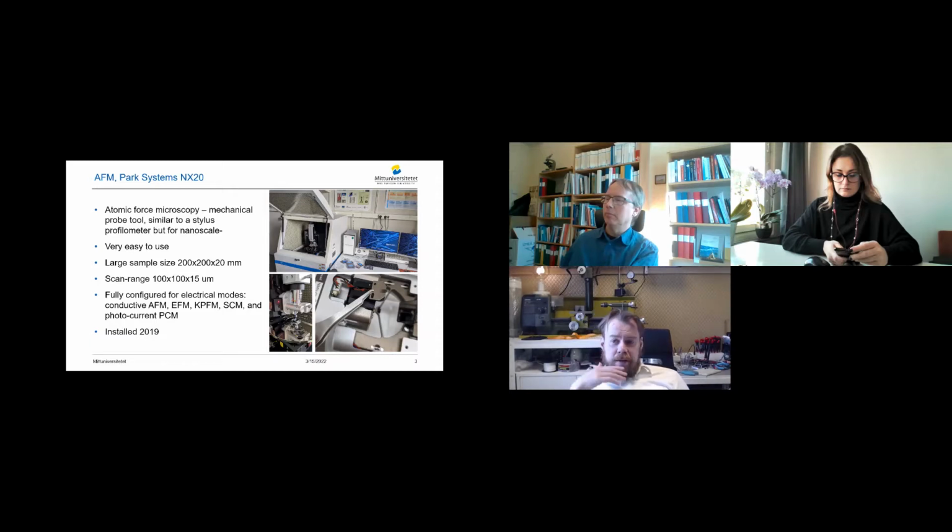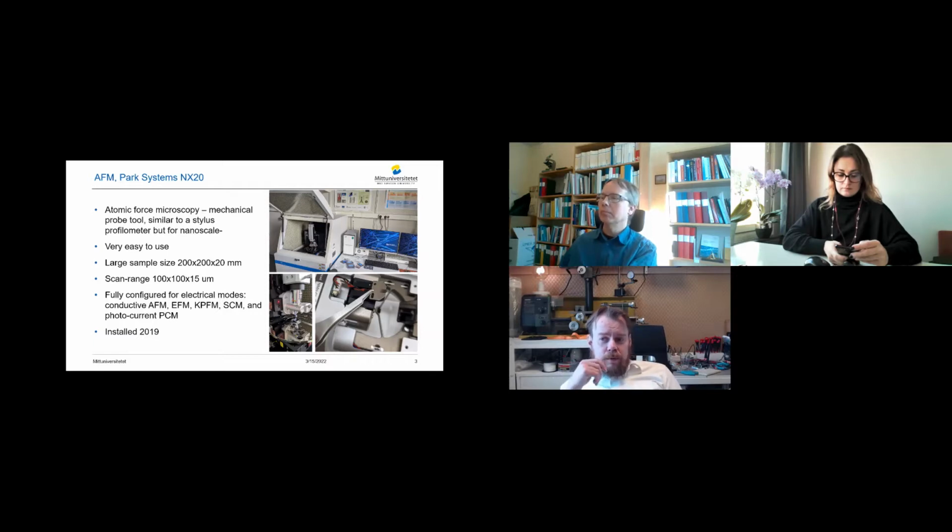So we use this at Mid Sweden University for studying of electrode materials, and then we can use the whole electrode without cutting out pieces of it, so we can analyze it directly. Also, the scan range when you're scanning the images is huge in this machine. So we can scan 100 by 100 by 15 micrometer. That's the size of the images that you get. That is around twice the size of a normal AFM.